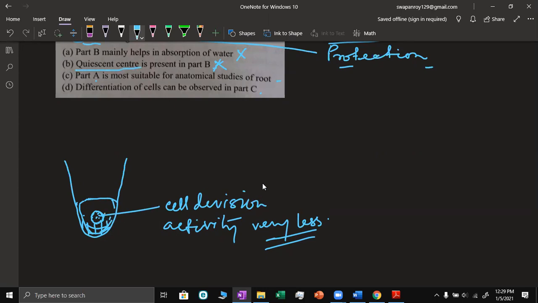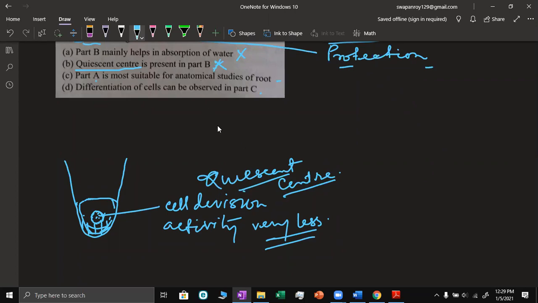So this is the quiescent center. Okay, so this quiescent center is found where?